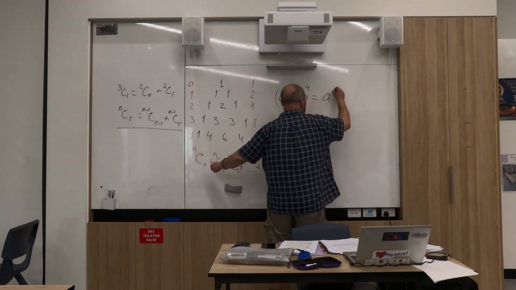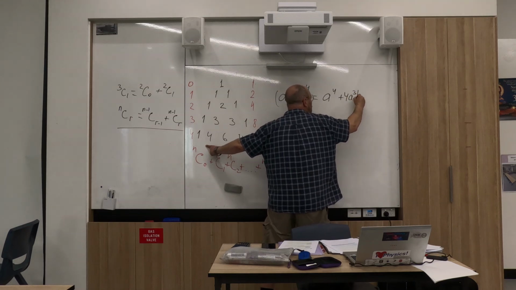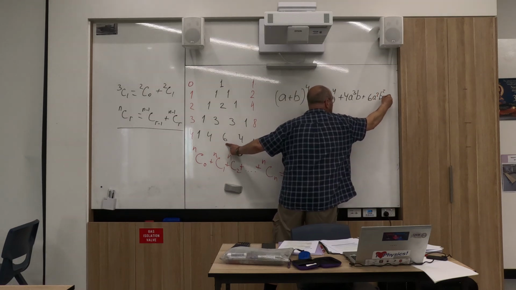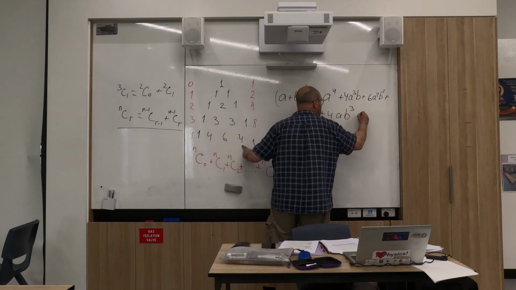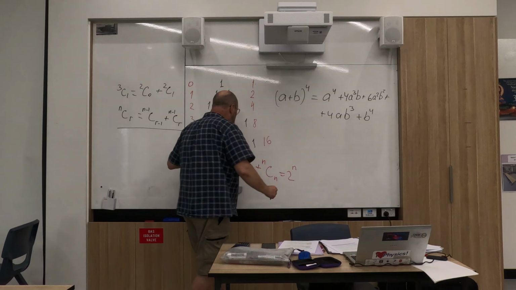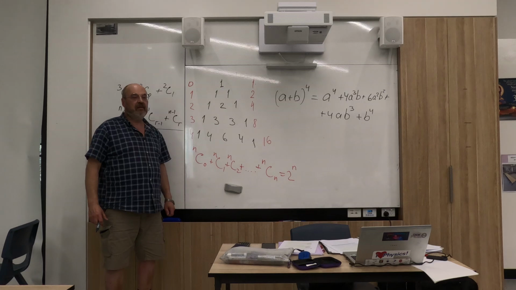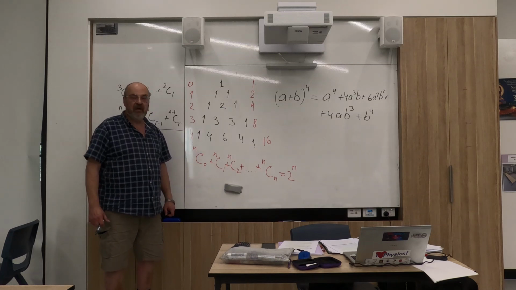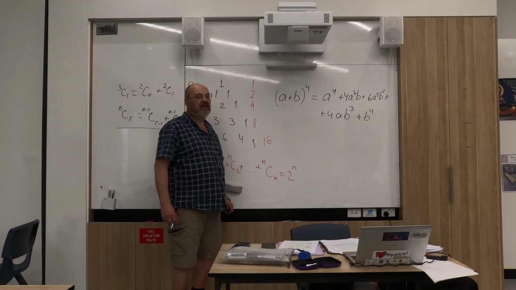So we have a to the power of 4 plus 4a cubed b plus 6a squared b squared plus 4a b cubed plus b to the power of 4. That's what Pascal's triangle gives us: the coefficients when we expand a binomial.